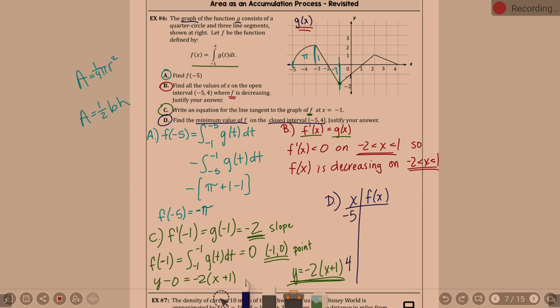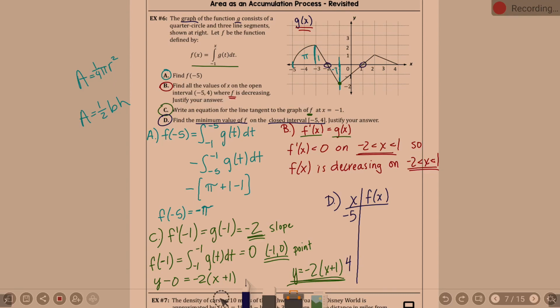Then, at first it was mentioned 2 critical points, yes? And critical points are when the derivative equals 0, right? Well, f prime, the derivative, is the same as g. When does g equal 0? -2 and 1. I'm going through the reasoning.